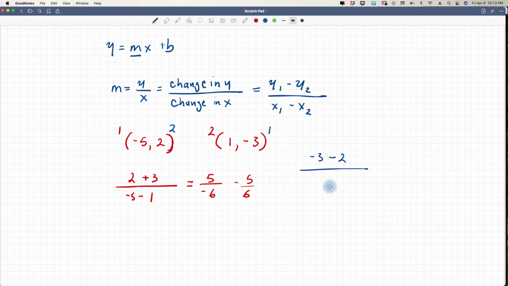And the x value for 1 is 1 minus the x value for 2, which is negative 5. We have negative 5 over 6, which is the same thing that we got when we swapped the points the last time. So that tells us that our math was correct. When we reversed it, the change in y is negative 5 over 6.